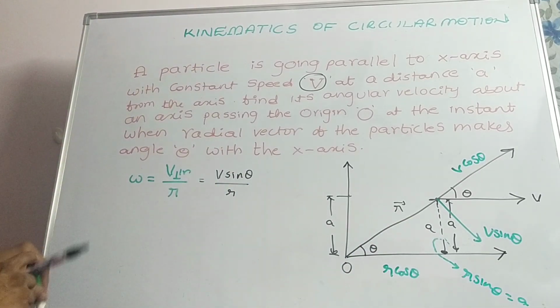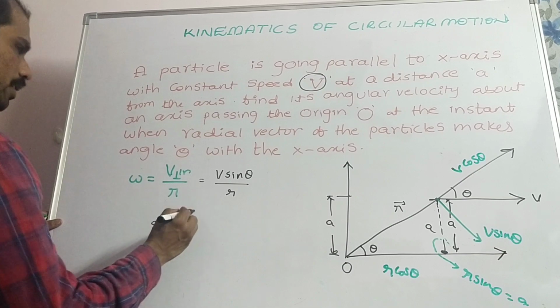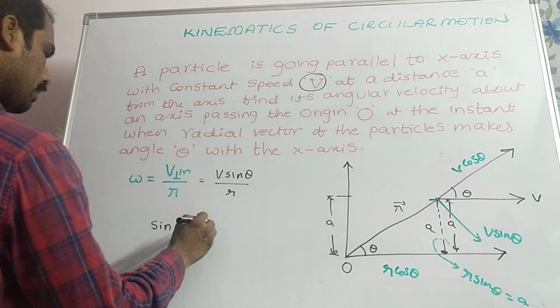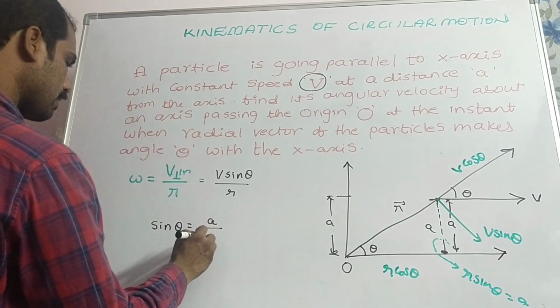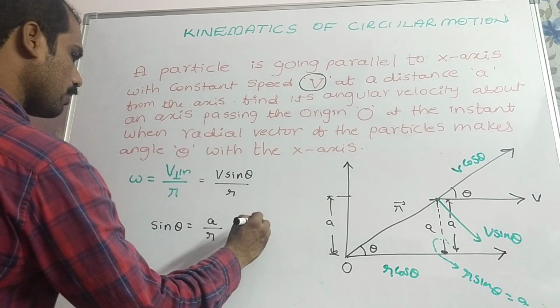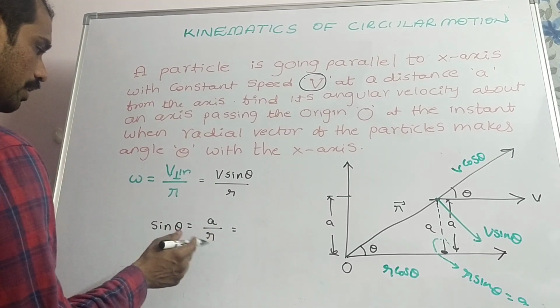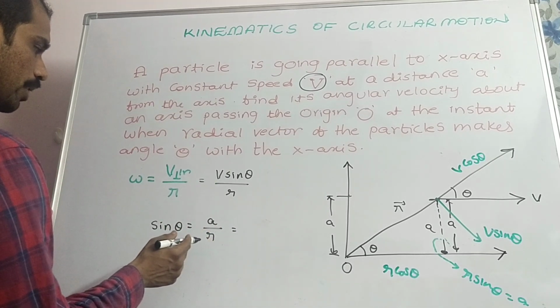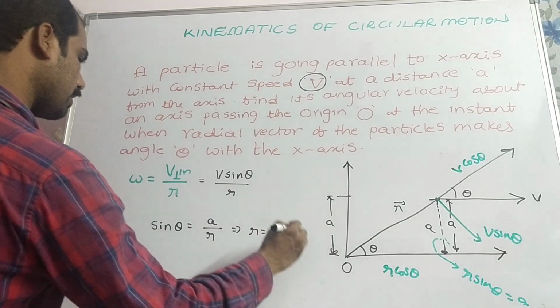Let us consider sin theta is equal to opposite side a by hypotenuse r. We have to find r. That implies r is equal to a by sin theta.